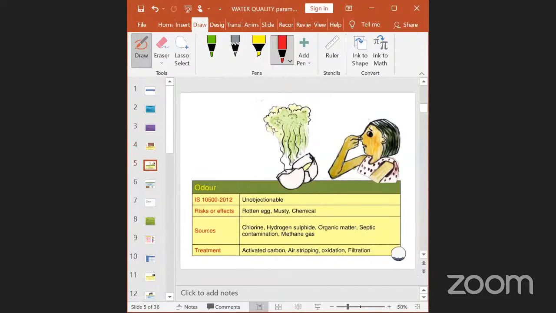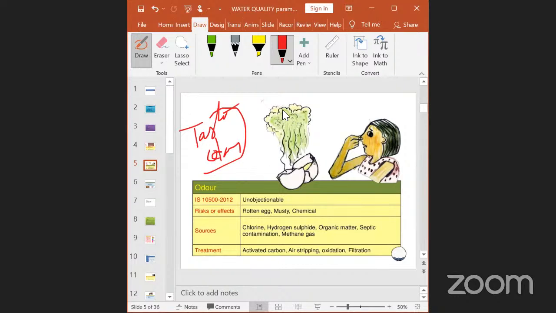The next one is taste and odor. We know pure water is always tasteless, and also odorless. So if any type of taste and odor is present, it indicates water pollution.